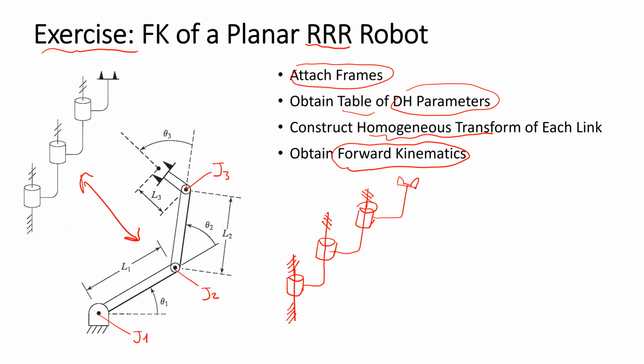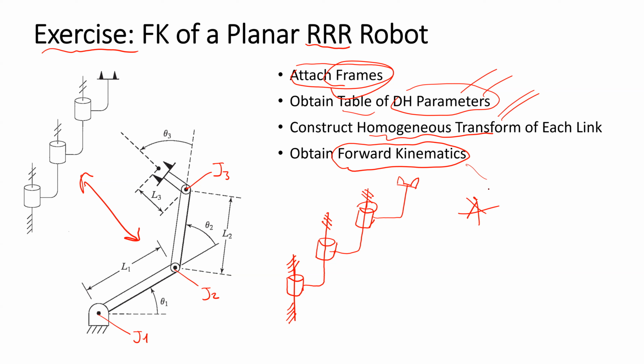So try to assign the frames and obtain the DH parameters, construct the matrices of homogeneous transform, and check the forward kinematics. From next week, we will review this example again, and we will provide a few more examples to make you understand how to attach frames and how to derive the parameters.